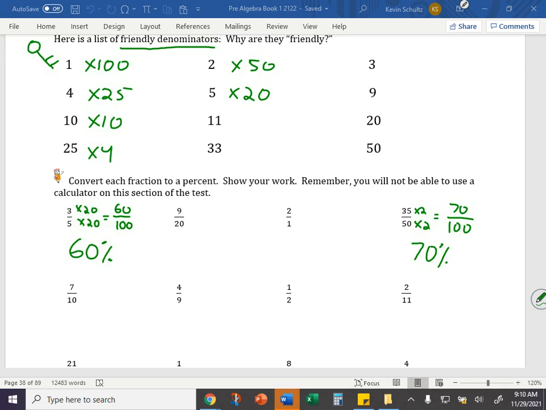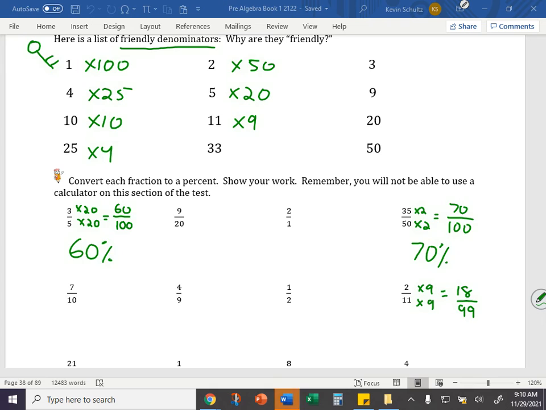Now I'm going to get some weird ones. 11. 11 doesn't go to 100 evenly, but what does it go into evenly? 99, which is super, super close, right? So we're still going to consider this friendly. I can't get to 100 exactly, but if I multiply by 9 and by 9, I've got 18 99ths.